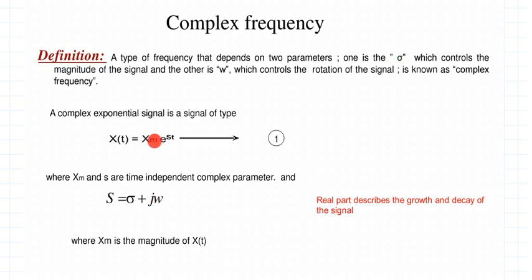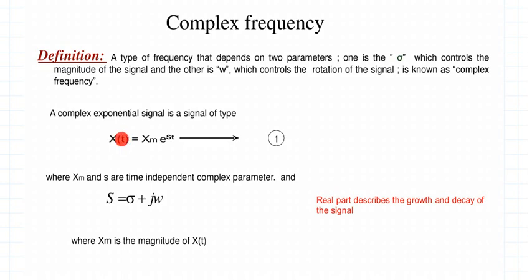What is the magnitude and how is it a function of time? You could see here that s is getting multiplied by t because the signal that we have taken is a function of time. What do you actually mean by, friends, x of t, v of t, i of t? Whenever we say x of t, what is this t here? t is the parameter on which this signal depends.